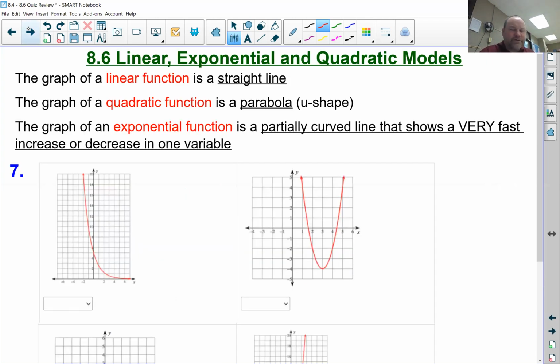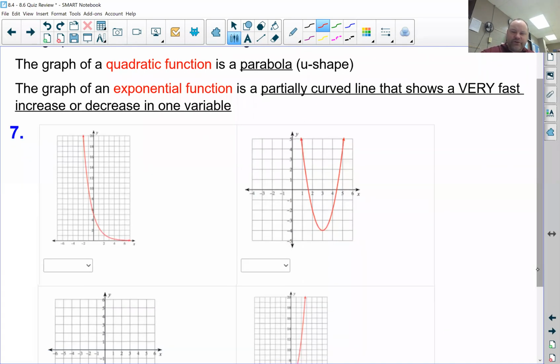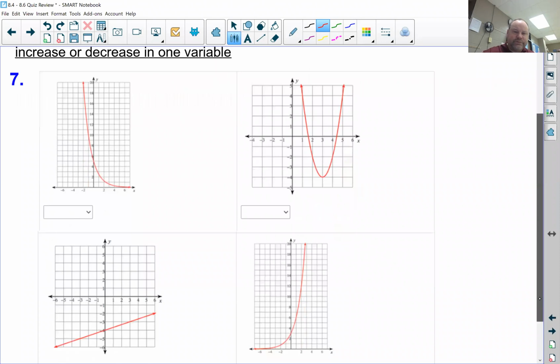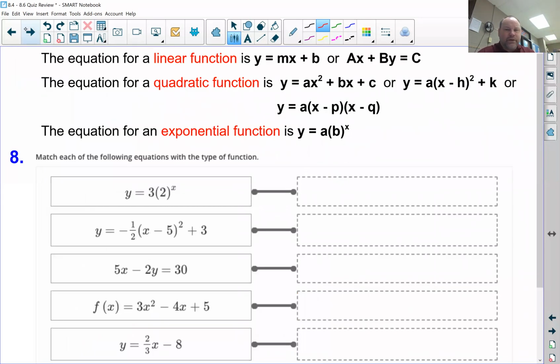Then you will have to determine, looking at a graph, which type of equation it models. Is it linear, quadratic, or exponential? And that's a drop down. You'll just have to choose from the drop down menu. Match the type of function with the actual equation.